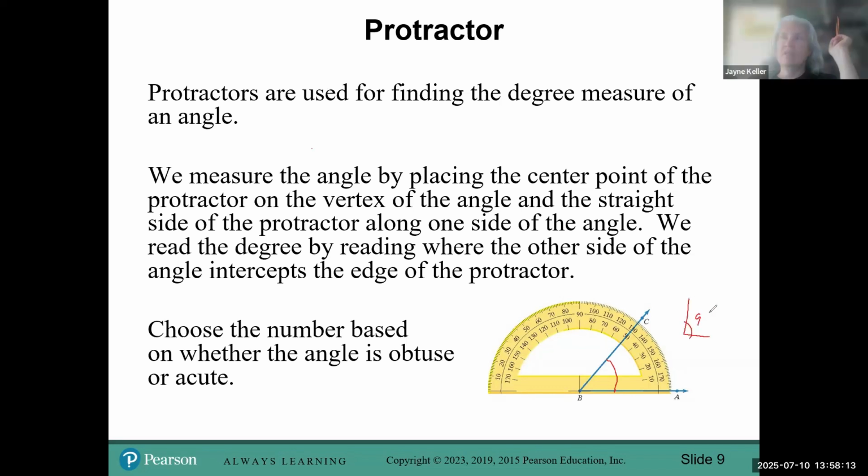So this is less than 90. So this is the bottom number. This is 50 degrees. Right? Because 90 is all the way up here. The smaller the little curve, the bigger the angle is. Oh, and now I get that.